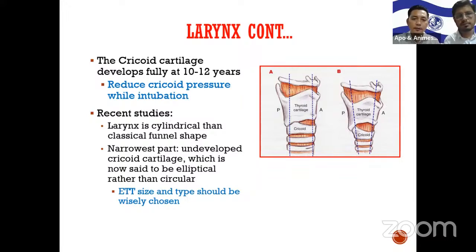And the narrowest part of the larynx is the underdeveloped cricoid cartilage, which is now said to be elliptical rather than circular in shape. Therefore, ET tube size and type should be wisely chosen while intubating a baby or an infant.